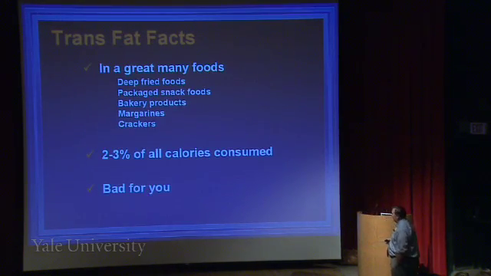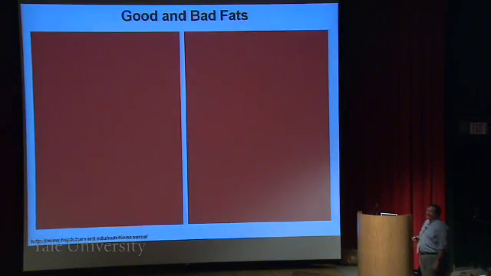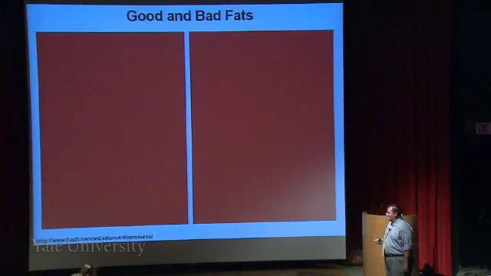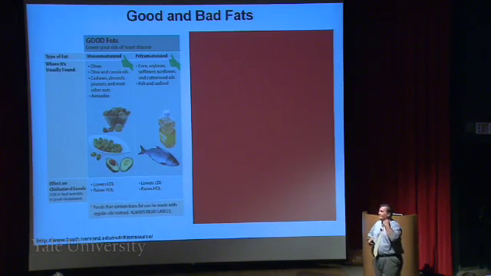Trans fats are in a great many foods. And if you start looking carefully at food labels, you'll see how many foods have trans fats. It amounts to 2 to 3% of calories for the average consumer. And as I mentioned, trans fats are not so good. So getting back to the concept that there are good and bad fats, if we look at the left-hand side here is a table or a graphic showing the fats that tend to have beneficial impacts on health.